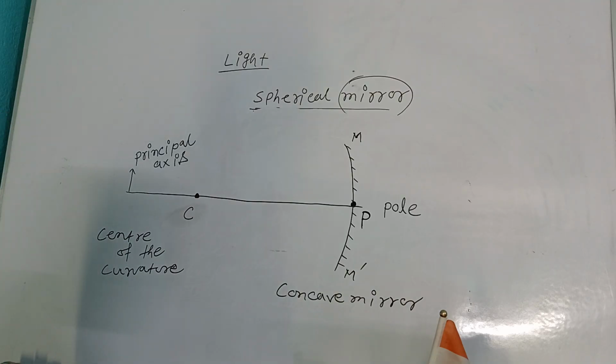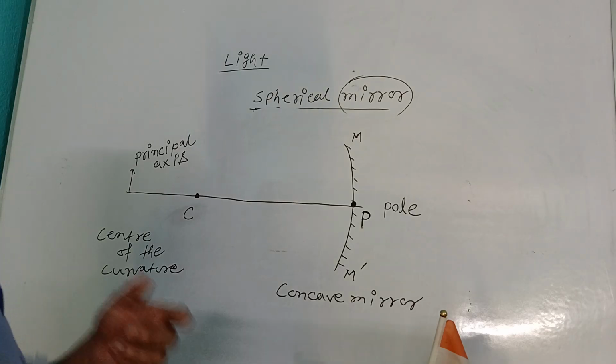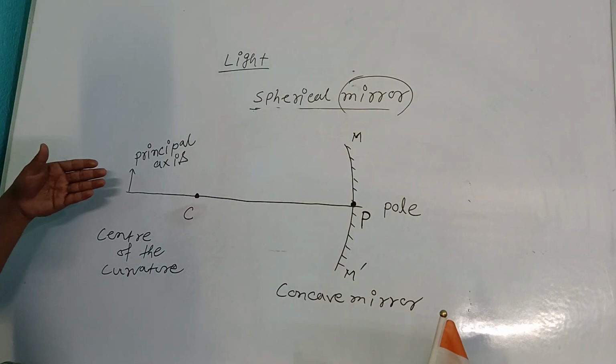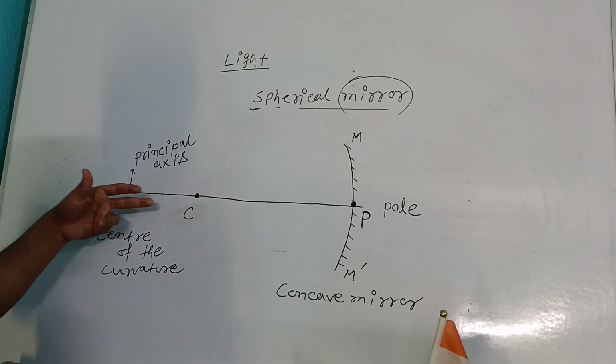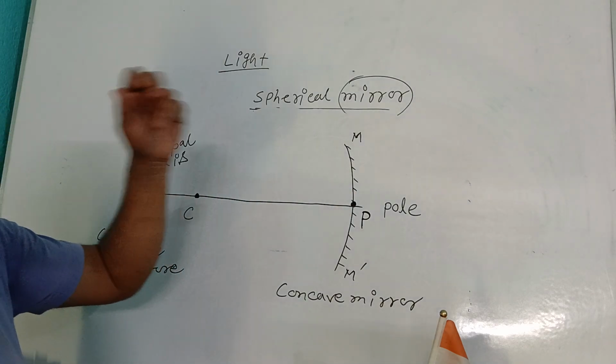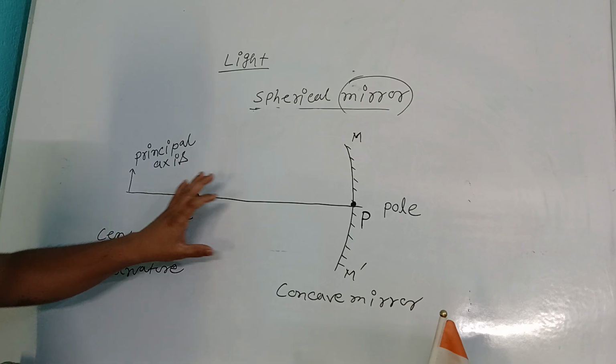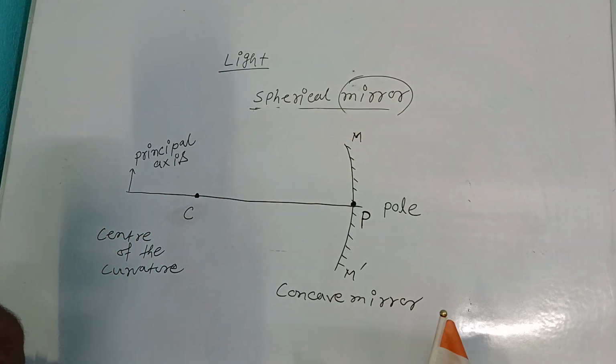So what is the principal axis? The principal axis is an imaginary line drawn through the center of curvature and the pole of the mirror.